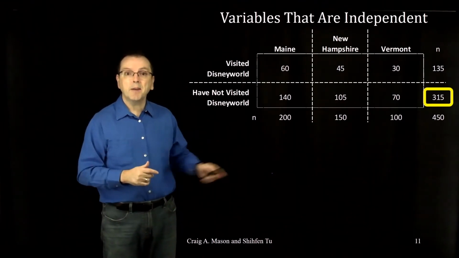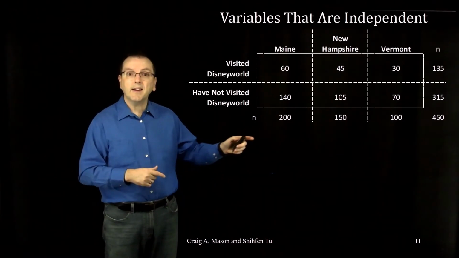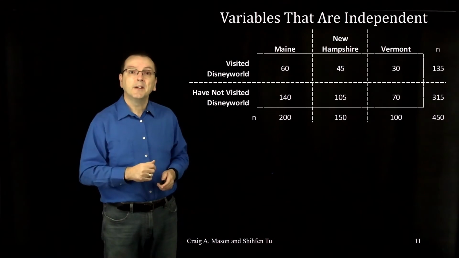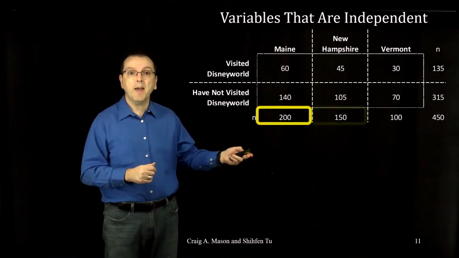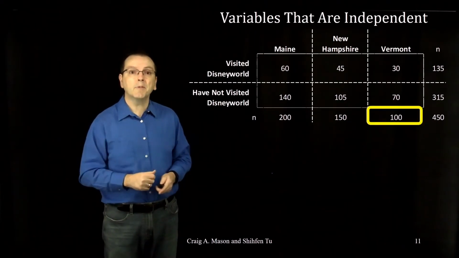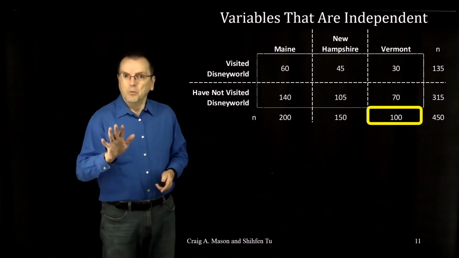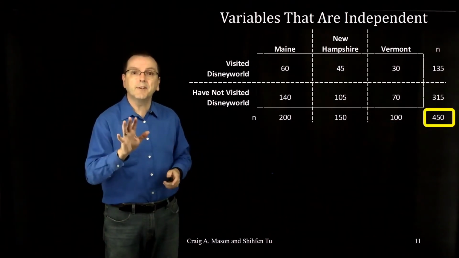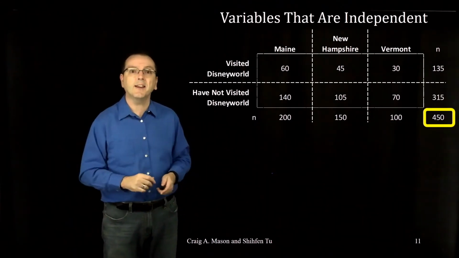And at the bottom of each column, we indicate how many total people there were in each state. So we have 200 from Maine, 150 from New Hampshire, and 100 from Vermont. We also indicate the overall total of 450 participants in our study.